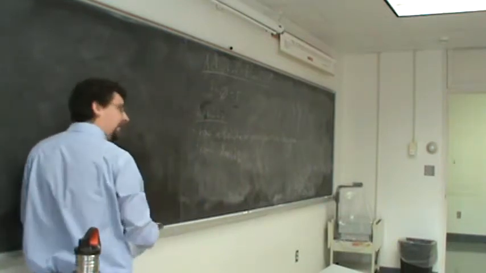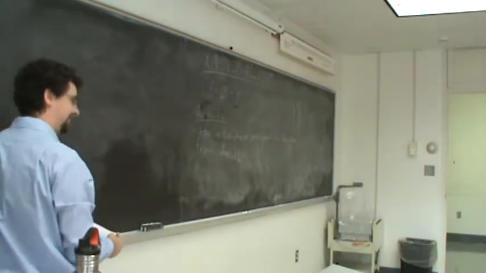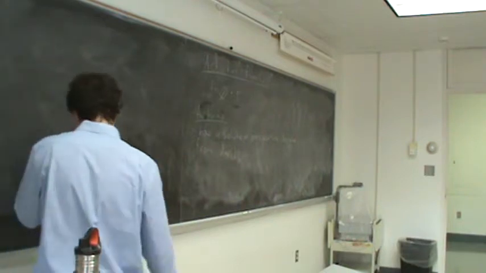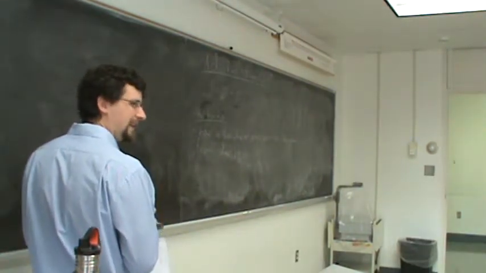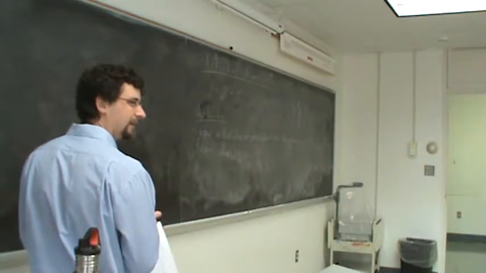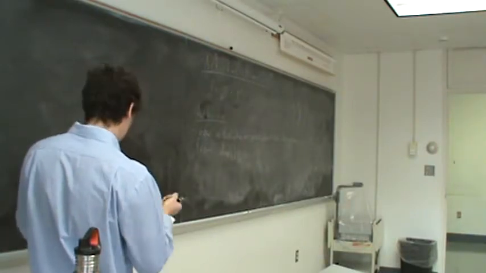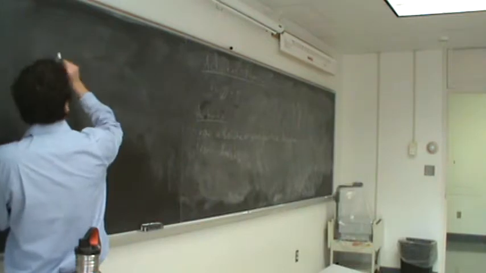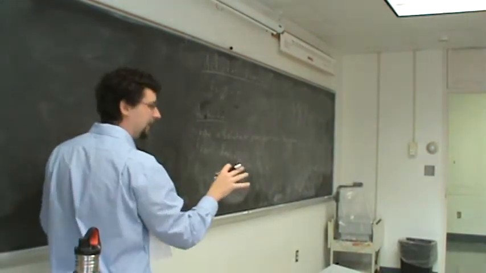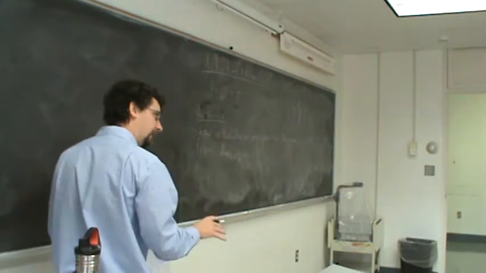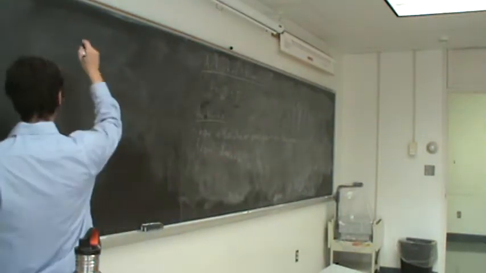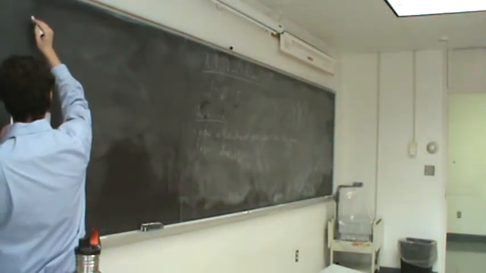So we derived that all the way back a couple weeks ago. We didn't talk about chemical potentials at that time, did we? Okay, so let's go back. We talked about it in terms of delta G, but we never really discussed chemical potentials. So let's drop back to that.